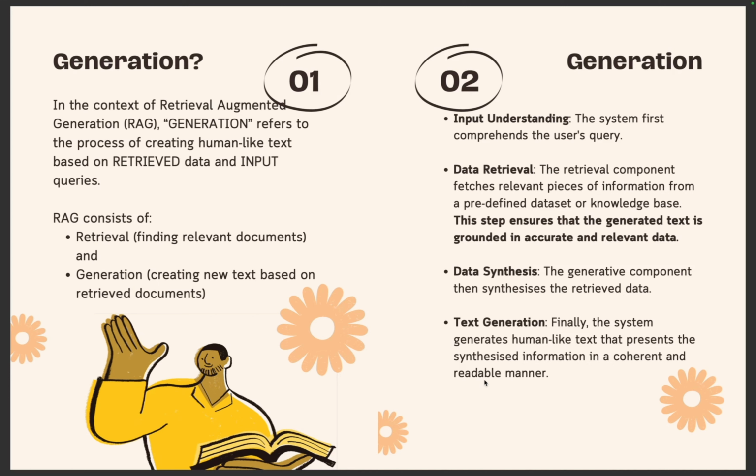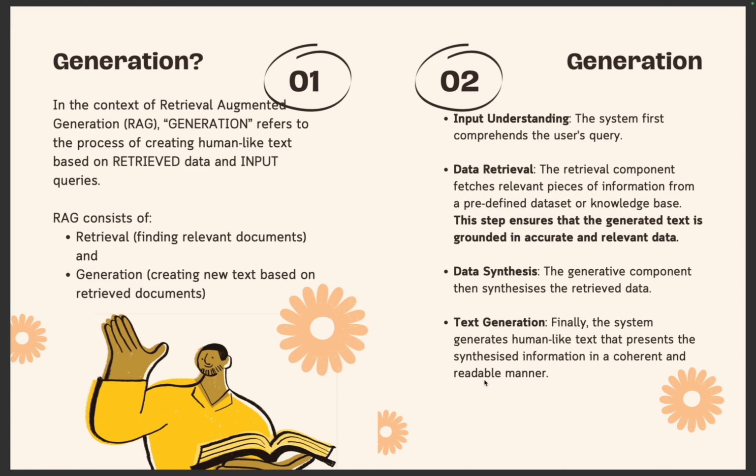So it refers to that process of creating human-like text. When the information returns, you, the recipient of that information, would feel like the document is speaking to you like a natural person. That's why typically people say RAG is like chatting to a PDF document or any sort of knowledge base. So RAG consists of retrieval and generation.